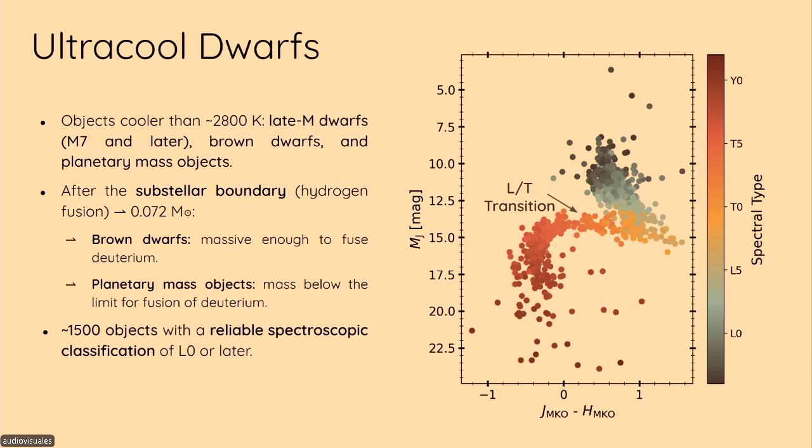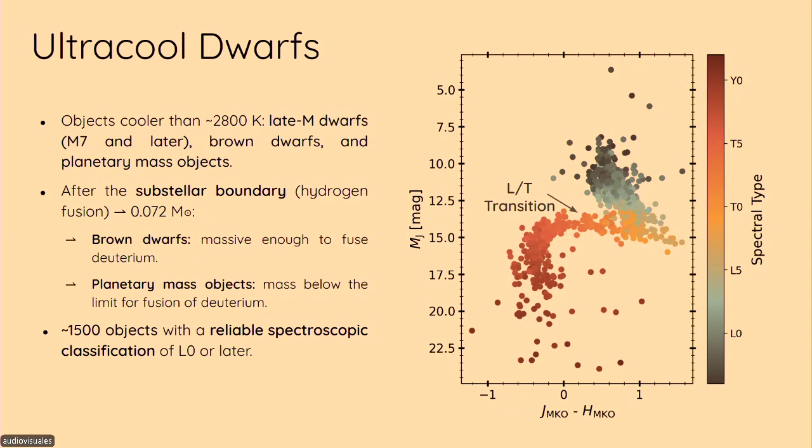So beyond this substellar boundary, we can find different types of objects. If they are massive enough to fuse deuterium, we are talking about brown dwarfs, which are not massive enough to fuse hydrogen, but massive enough to fuse deuterium. And if the object has a mass below the limit for fusion of deuterium, we are talking about planetary mass objects.